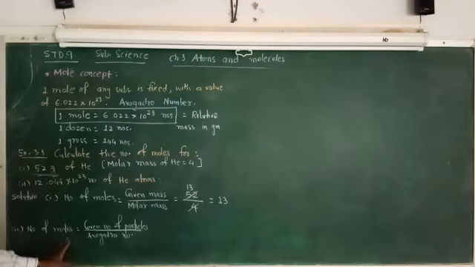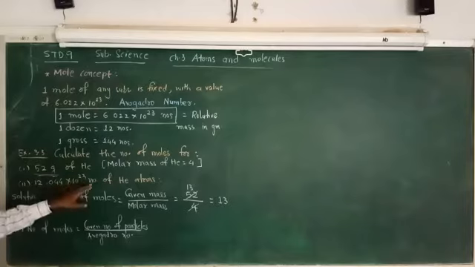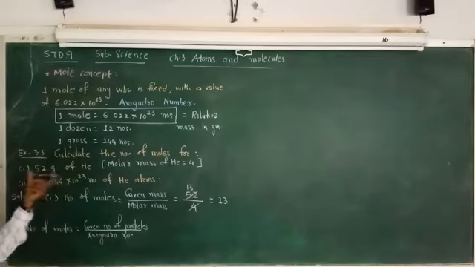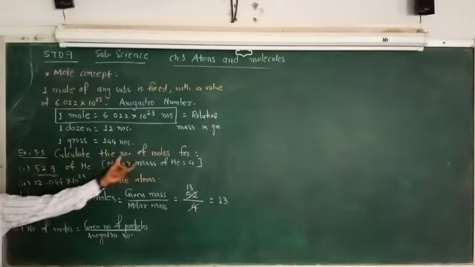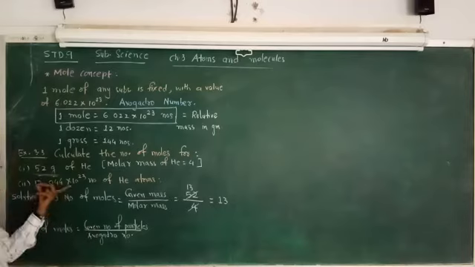Now for 12.044 × 10^23 atoms, the number is given and we have to find the number of moles in that number. For that, number of moles equals the given number of particles upon Avogadro's number.